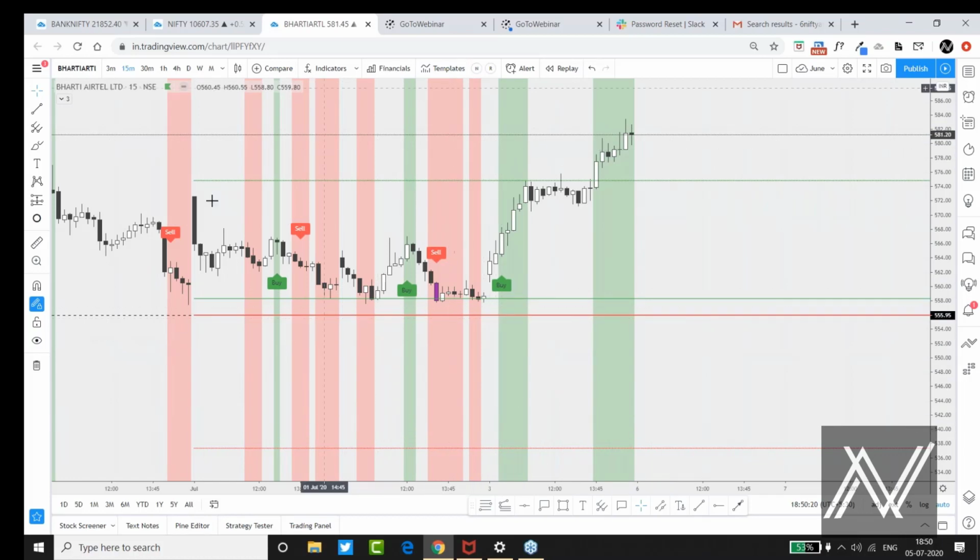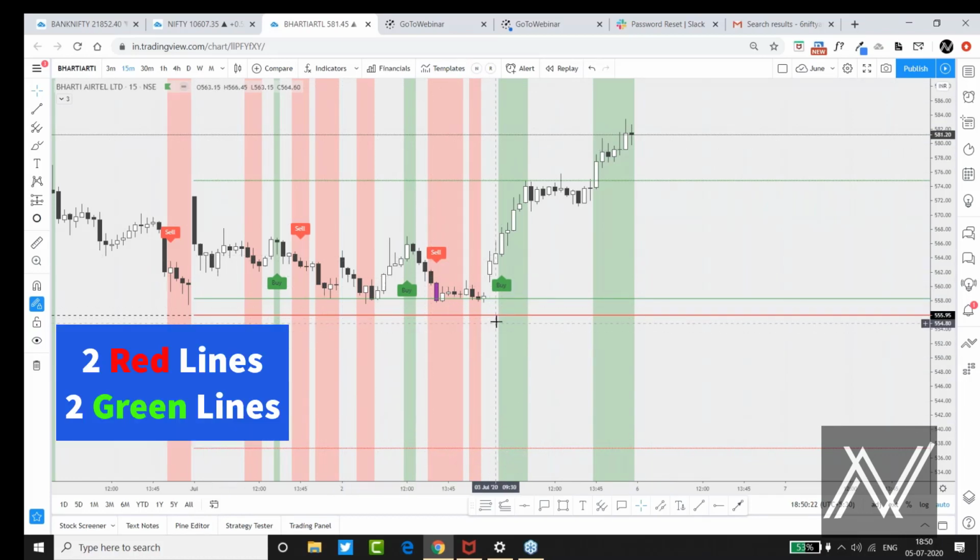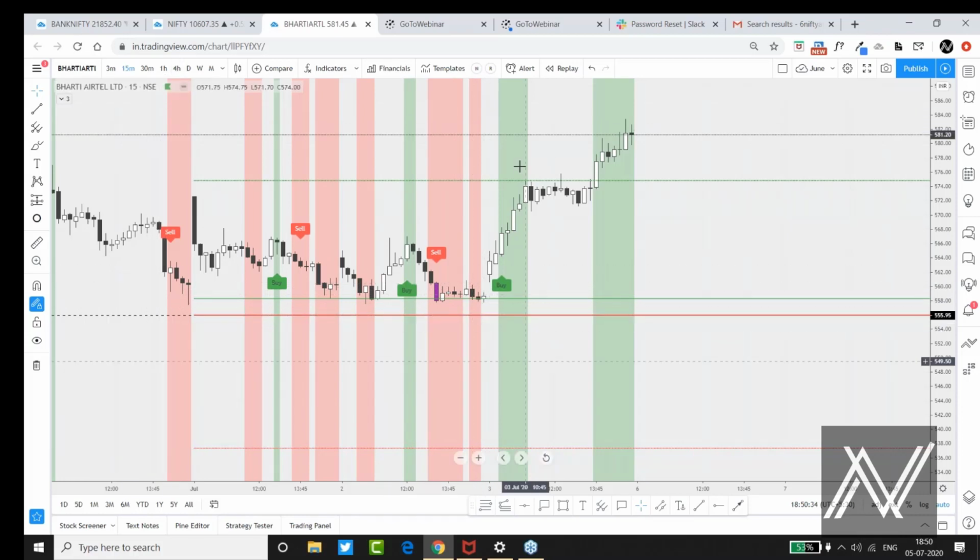And for the new people, I'm just telling you, this comes with two pairs of red lines, two pairs of green lines. And once you see an open and close of a candle above the green line, or when you see a buy signal, you just go ahead into it and you take a call of 575, when the price was at 558, 560.